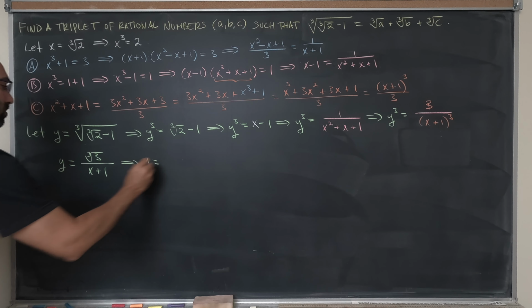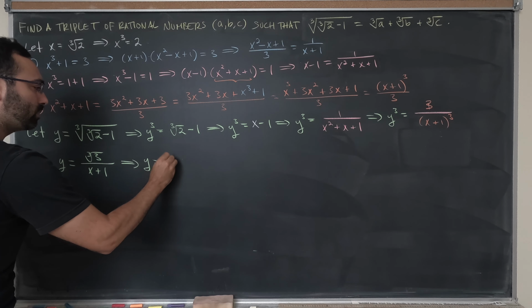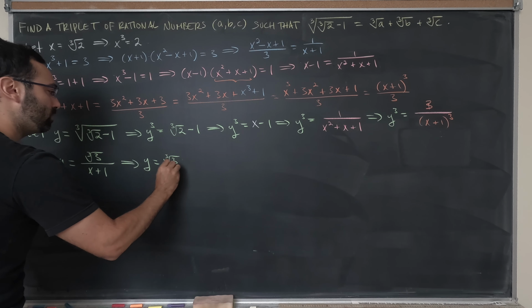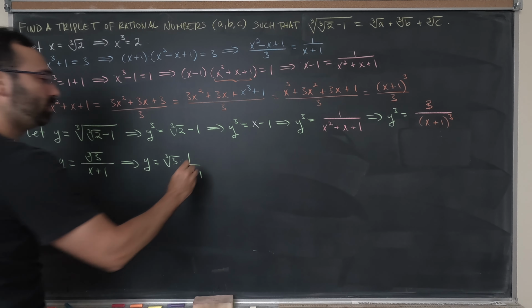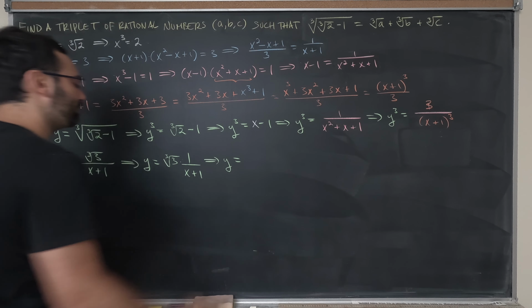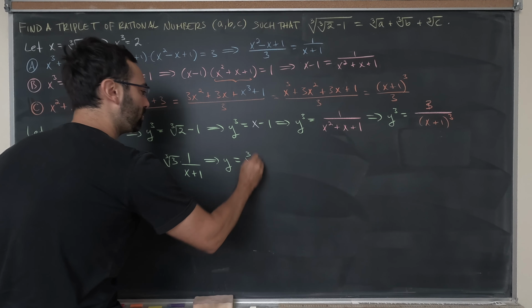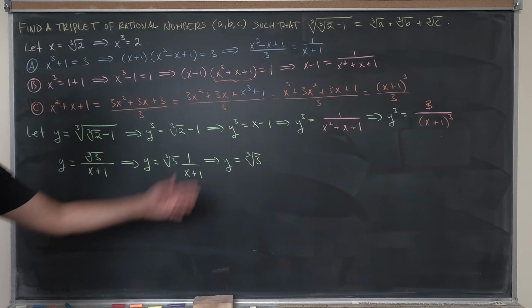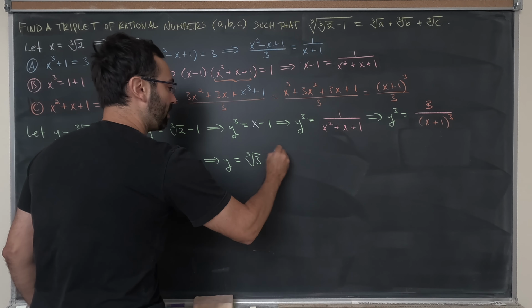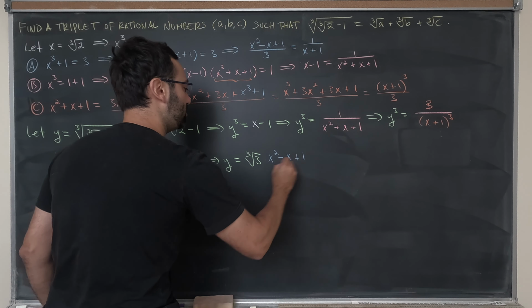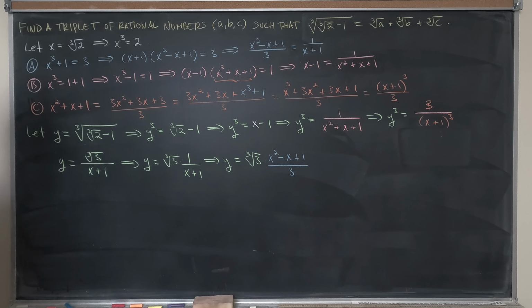Now, of course, what we have here is nothing more than the cube root of 3 times 1 over x plus 1. So this means that y is the cube root of 3 times what we have in blue, x squared minus x plus 1 all divided by 3. But recall, what did we call x? x is up here in white, the cube root of 2.